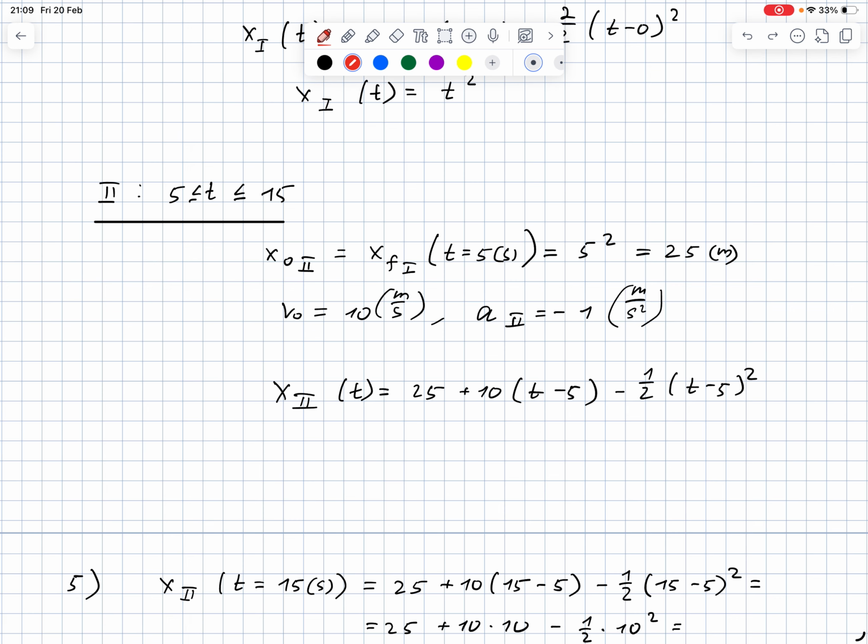If you open these brackets, the coefficient of t squared will be -half, which means the parabola of this function would be unhappy, like this.